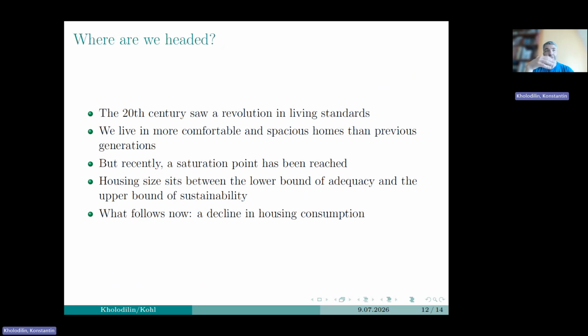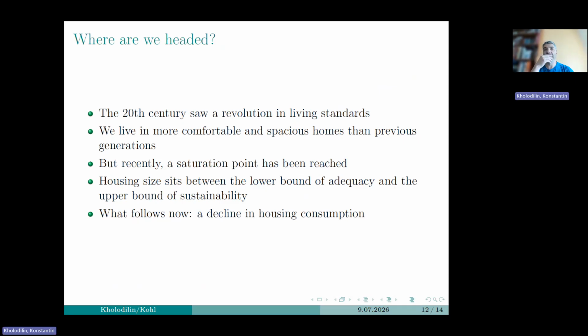So the bigger the housing, the more emissions, the more ecological harm it creates. Therefore, we cannot increase housing size ad infinitum, so there's some upper bound.